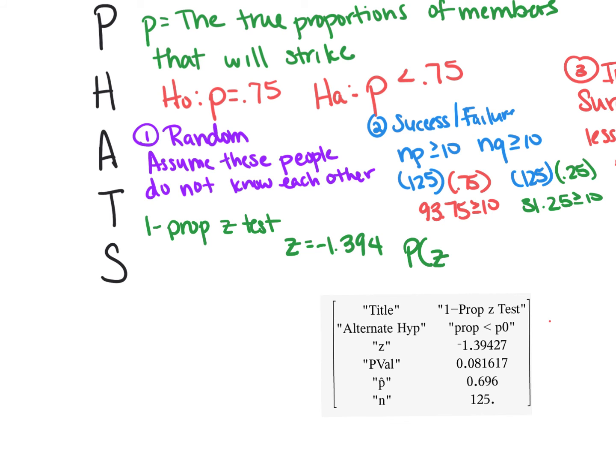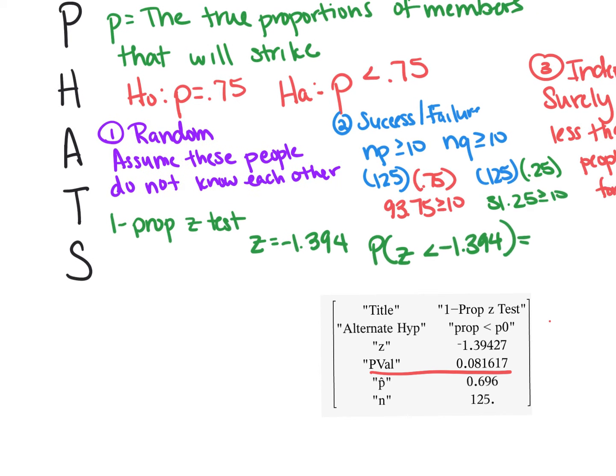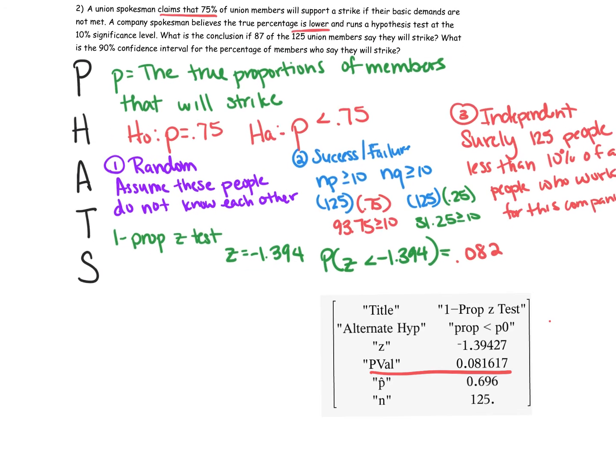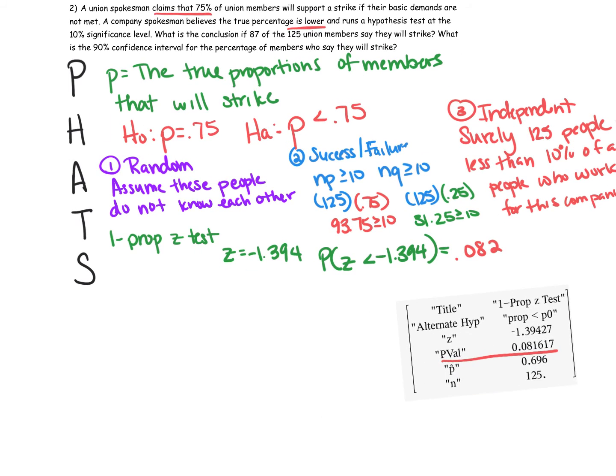And the alternative is less than, so z less than negative 1.394 is going to be equal to this p-value right here, which in this case is 0.082.